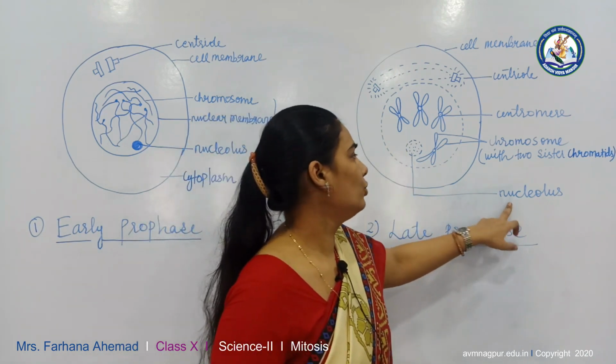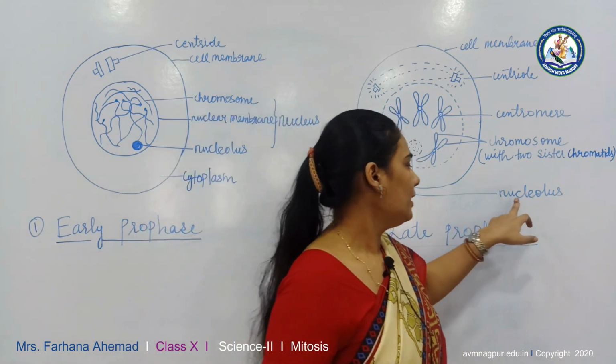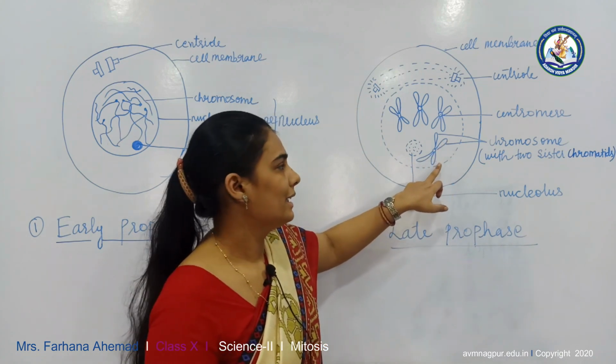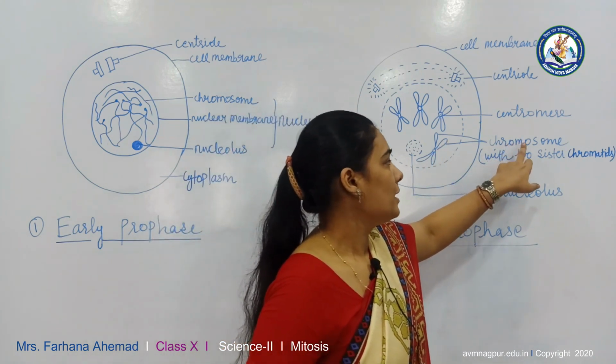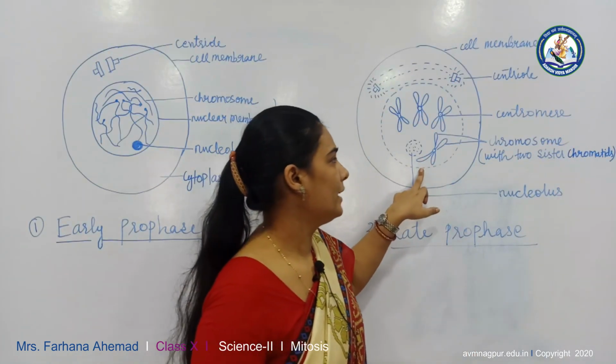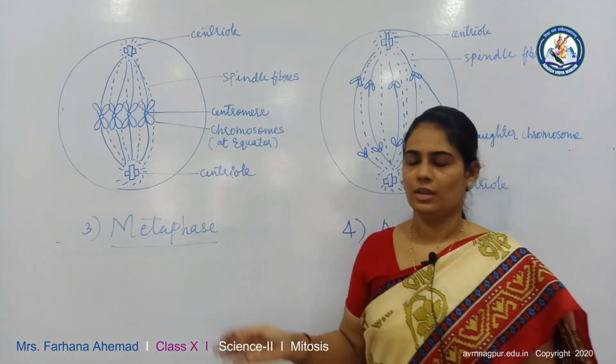You can see here, this is nucleolus and this is nuclear membrane. They are going to disappear in the late prophase. After that, the chromosome appearing clearly is visible with two sister chromatids. These are two sister chromatids which appeared clearly in late prophase.